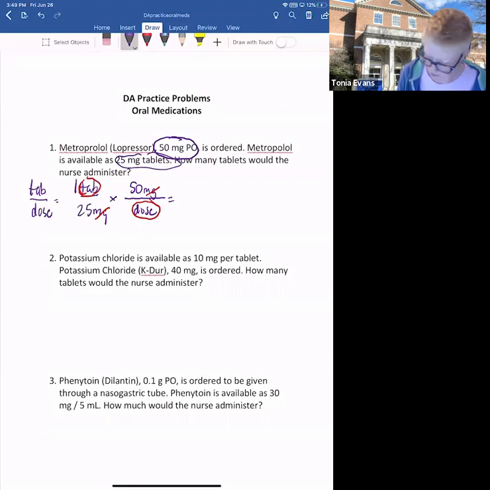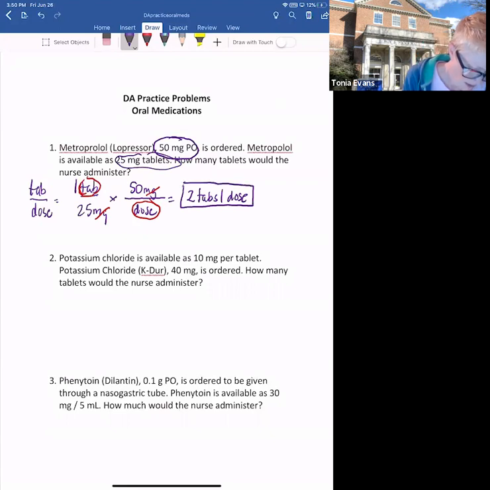So this is only 2 steps, but it would be 1 times 50 and then divided by 25, which we know is 2 tabs per dose. You always want to box your answer. Don't do all this work and then not box your answer and lose your point for the question because you didn't box your answer. So don't do it. Okay, next one.